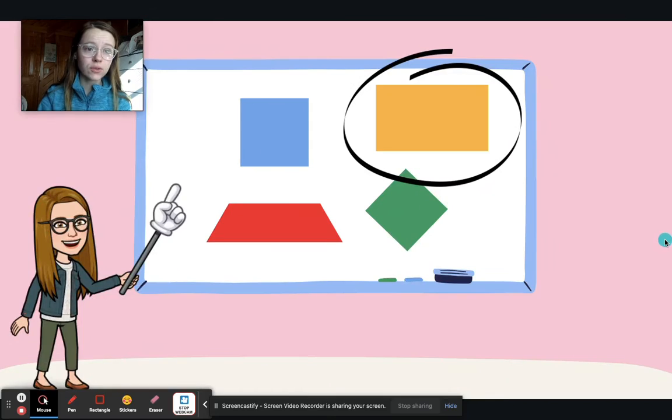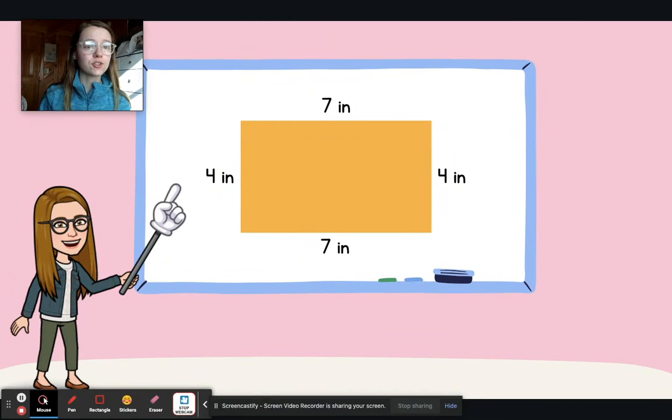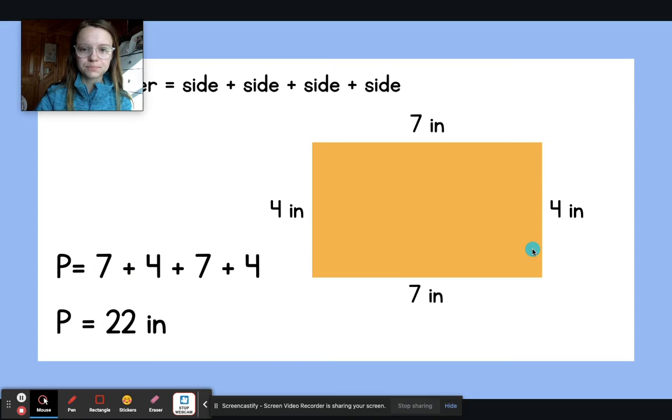Now, this doesn't only work with squares, it also works with any of our other quadrilateral friends, like the rhombus, the diamond, the trapezoid, the rectangle, the square. There's lots of things it can work with. So for example, I'll show you a little bit of the rectangle process. We have some 4-inch, some 7-inch, but it's still the four sides that we see around the outside of the shape.